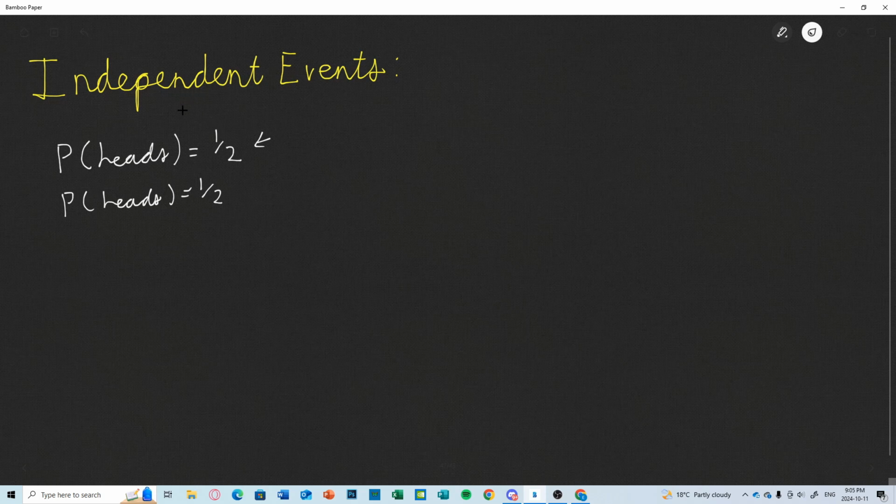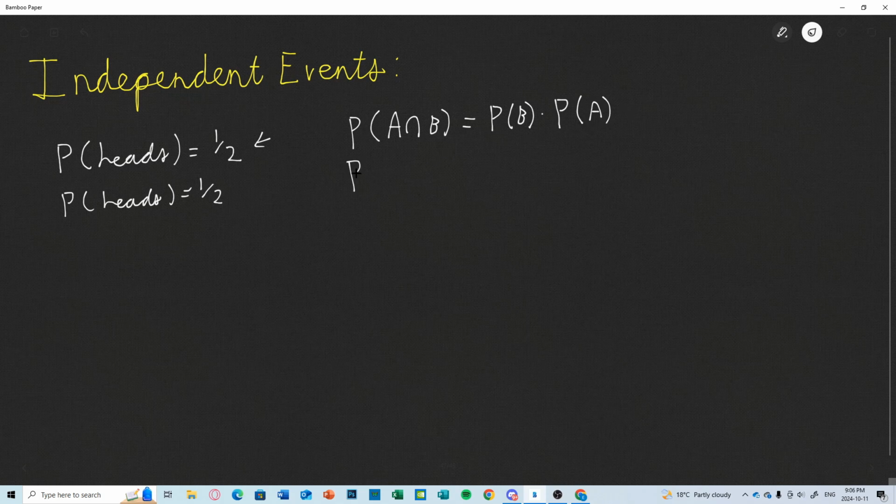So there are a couple of ways to check for independent events. One way is if the probability of your first event and your second event is equal to the probability of your first event multiplied by the probability of your second event, then they are independent.